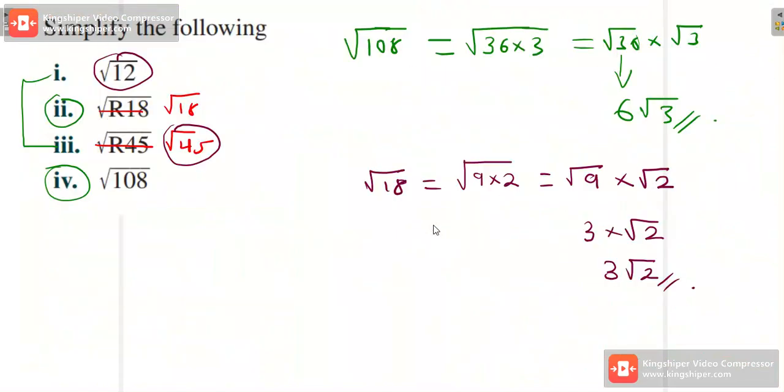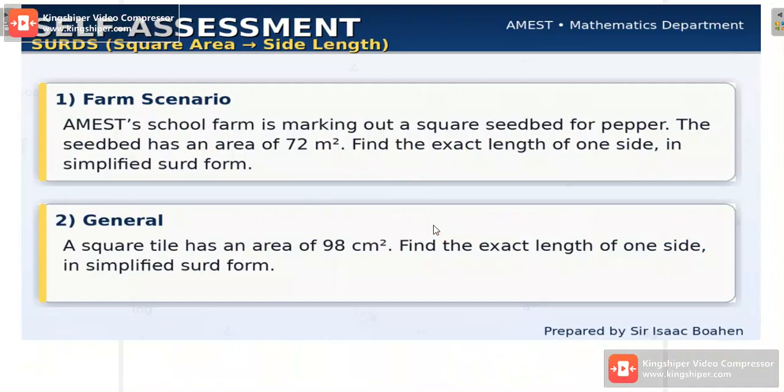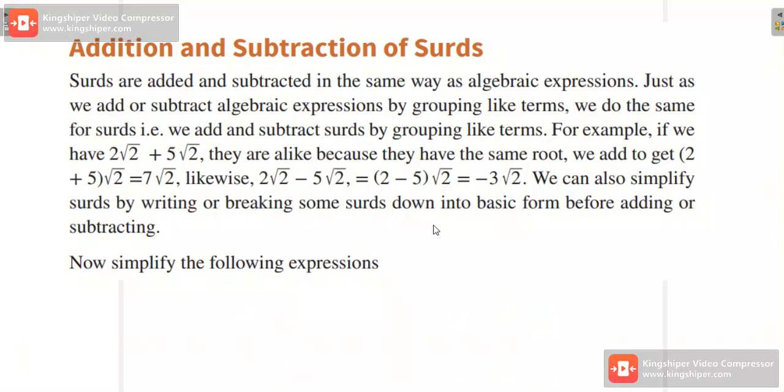In this video, we shall continue our discussion and move to addition and subtraction of sets.